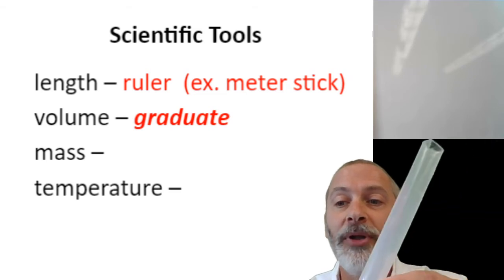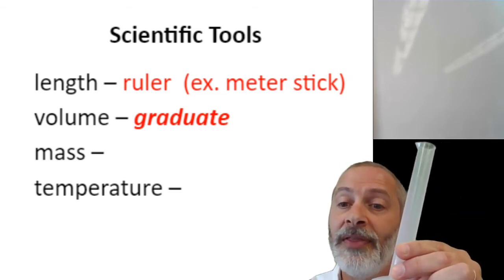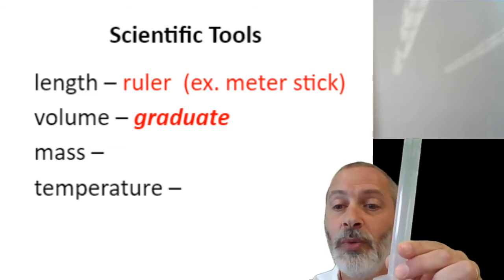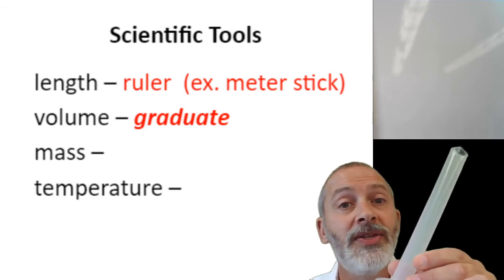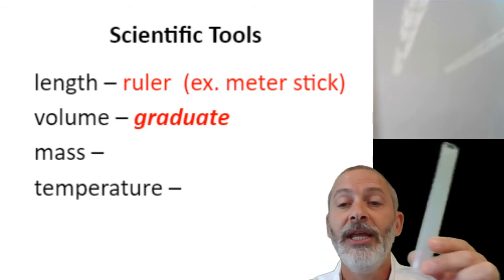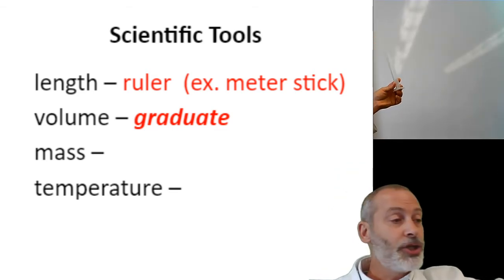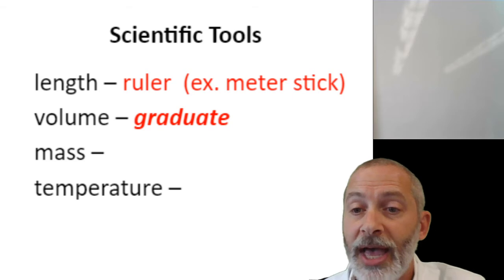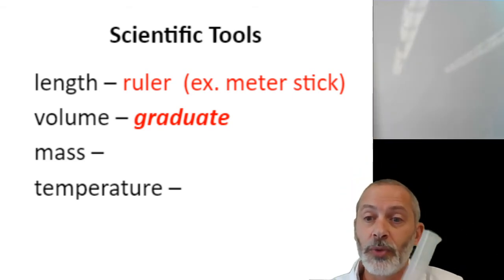Here's an example of a graduate or a graduated cylinder. And it has numbers on it, and we'll be learning tomorrow how to use the graduated cylinder and how we measure the volume of different liquids. Now, we've got these small graduates like this, and we also have larger graduates like this one here.